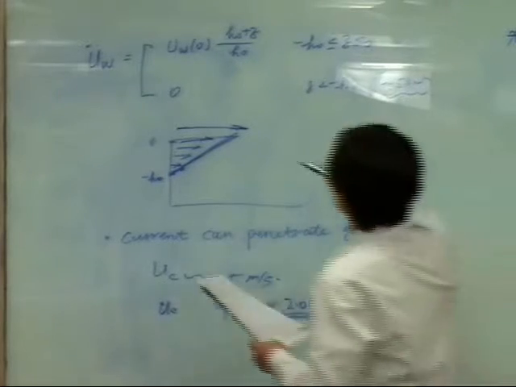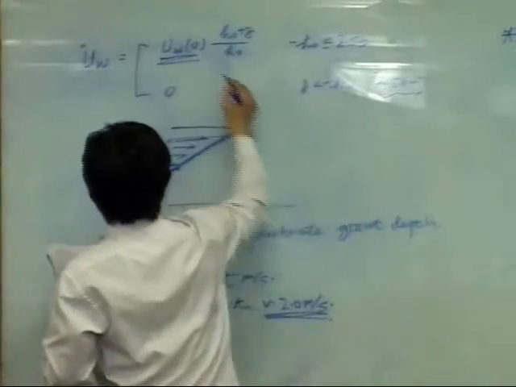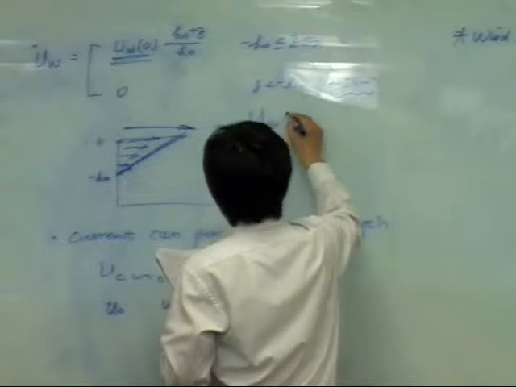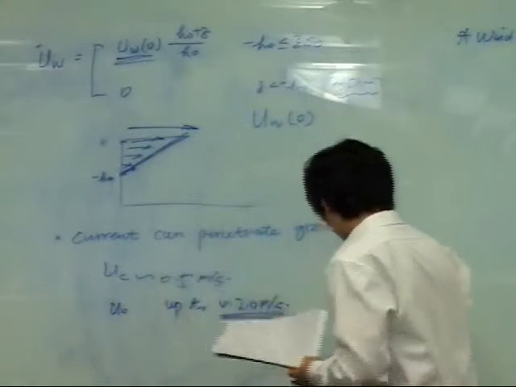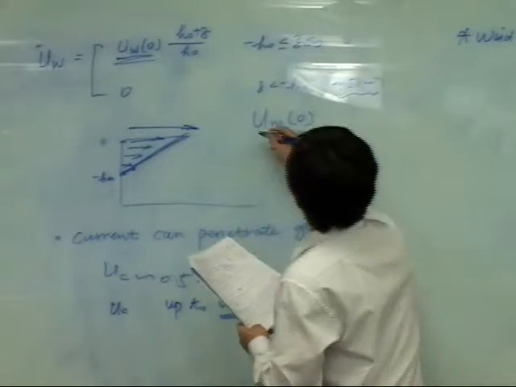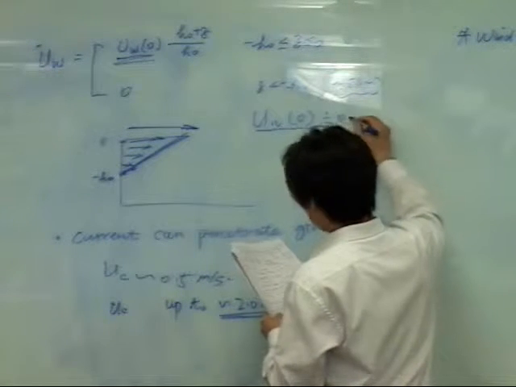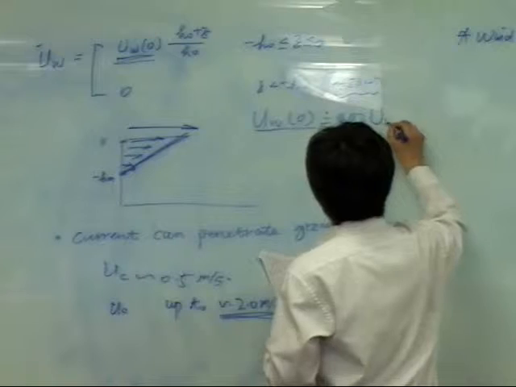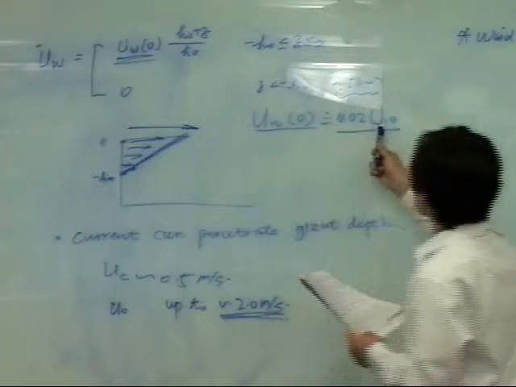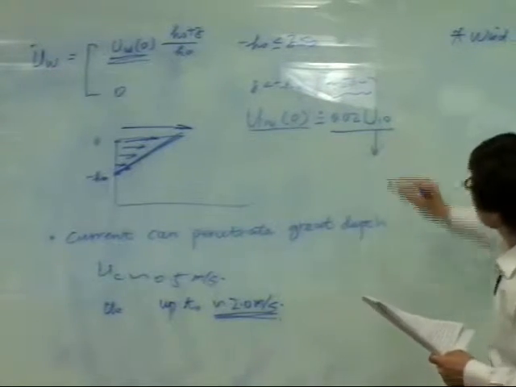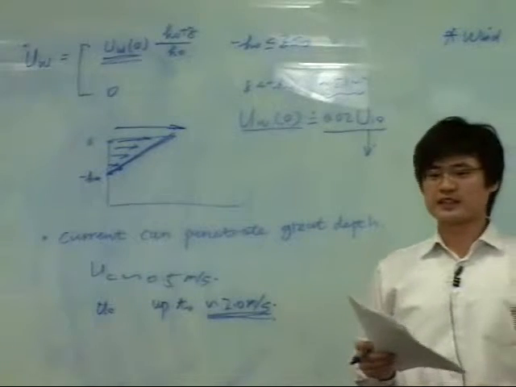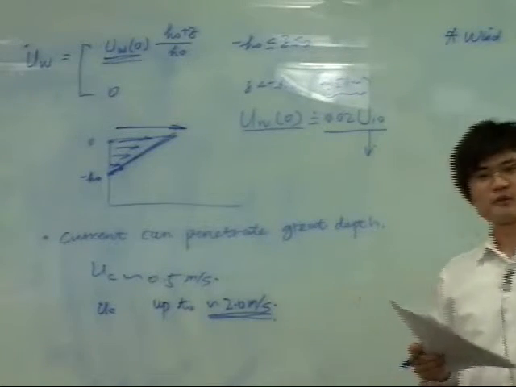Empirical measurements are based on observations. The surface current is typically equal to 0.02 U10. Here U10 means the wind velocity at 10 meters above the sea level.